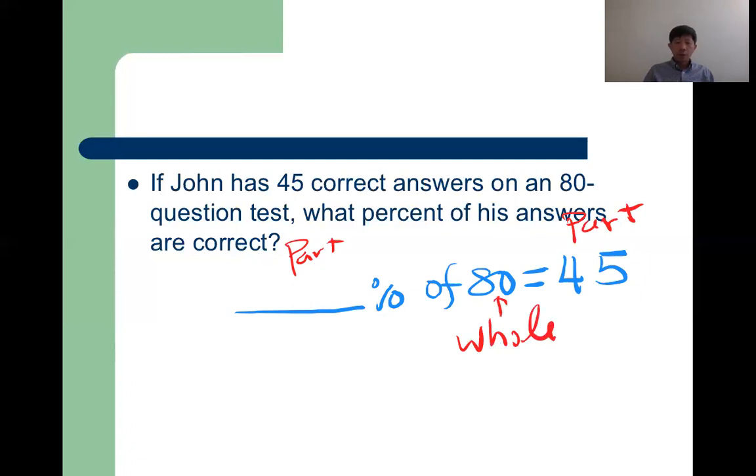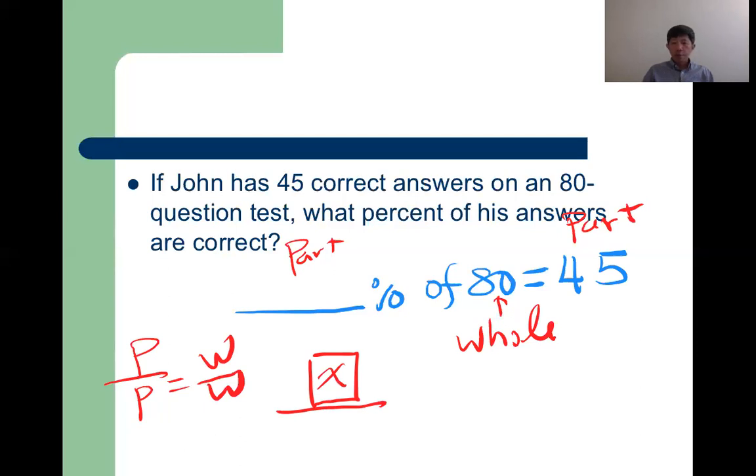So we can use part over part is equal to whole over whole. Part, how many percent? We don't know, so that would be X. Then the other part, do we know the number? Yes, which is 45. We don't know how many percent, but we know the number. Now the whole is always 100%, so 100 over 80.